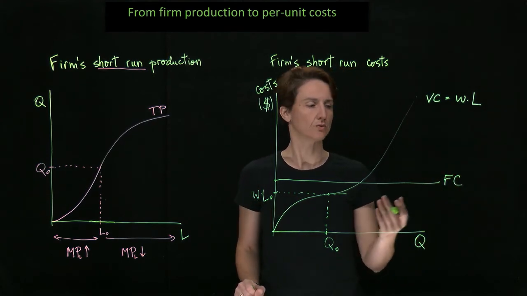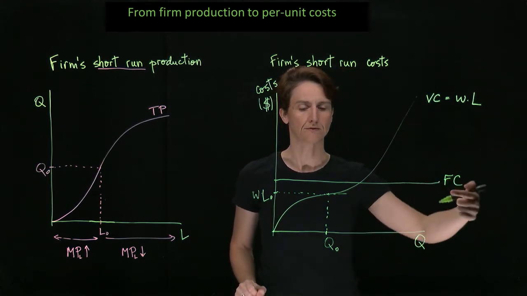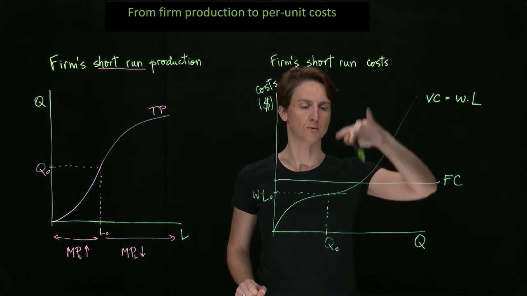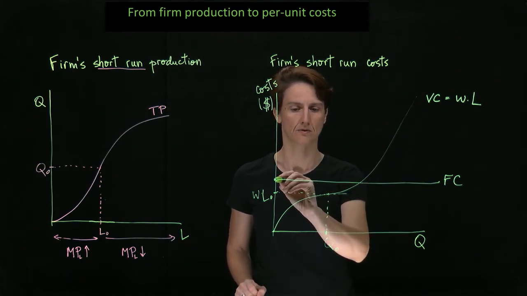Then the total cost will simply be the sum of variable and fixed costs, so it will be the variable cost curve shifted up.